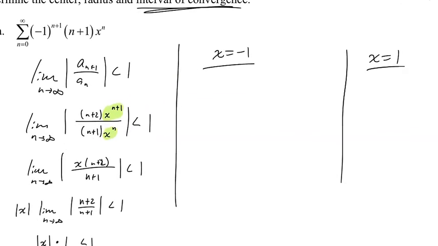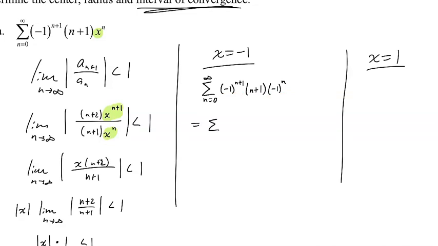So let me show you what I mean. If I put in x equals -1 into my x spot, this will become the sum from n equals 0 to infinity of (-1)^(n+1) times (n+1) times (-1)^n. Now the -1 to the n and the -1 to the n plus 1 can combine since they have the same base, so I'll add the exponents.